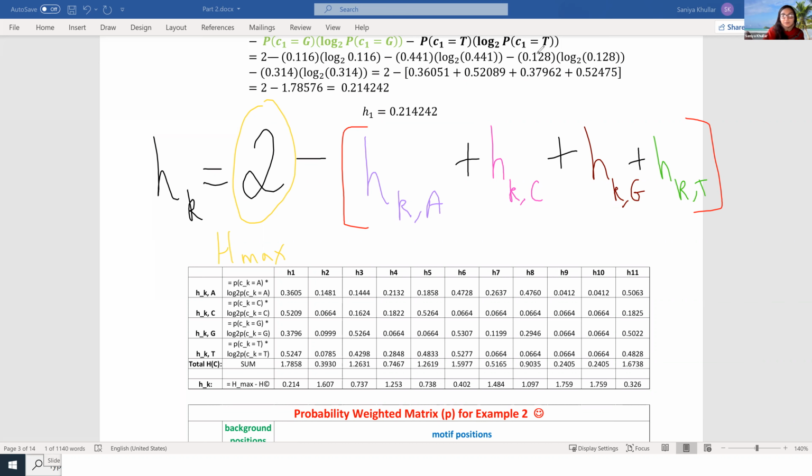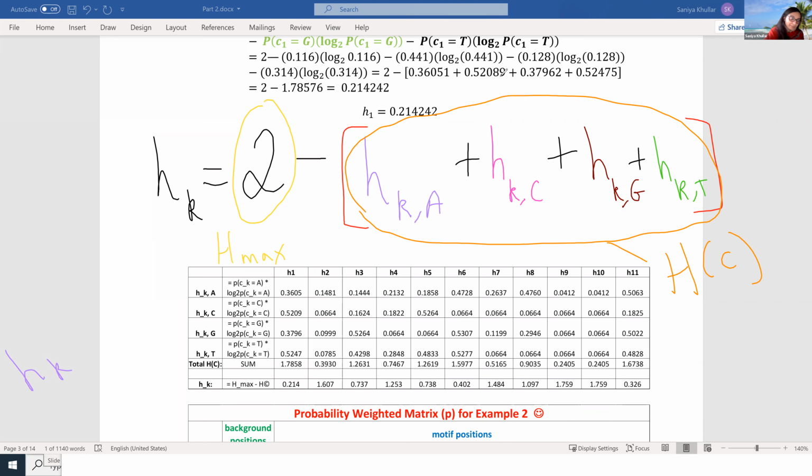And when we calculate this whole sum over here, this whole sum is going to be our H of C. For each given base, we know what the formula is, where HKA is just going to be equal to the probability that the character at that position in the motif is an A, multiplied by the log base 2 of that same probability at that position.